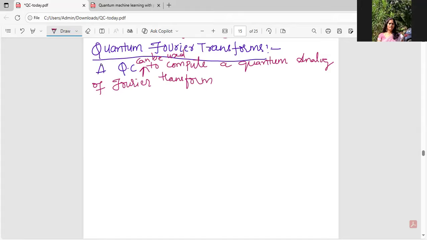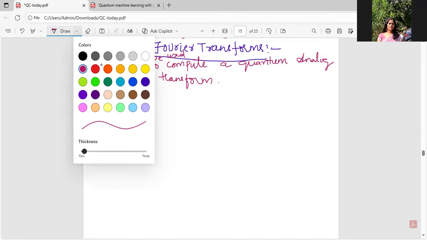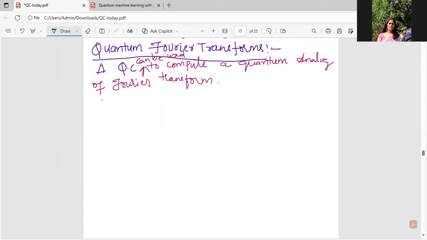How do I start the definition of the quantum Fourier transforms? Obviously, with qubits. Consider two states of n qubits. Let those states be ket x and ket y, guys.